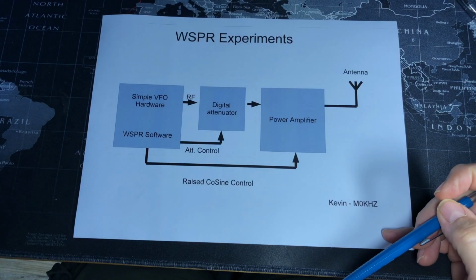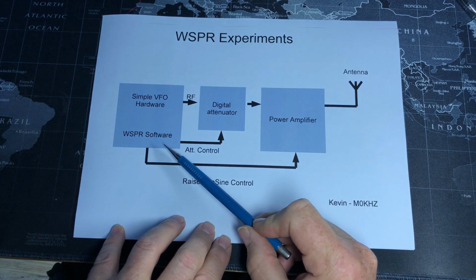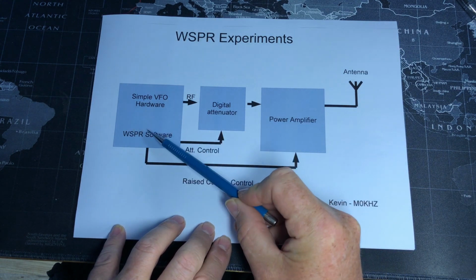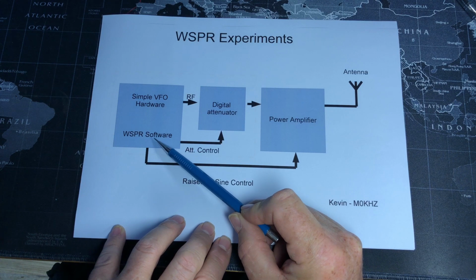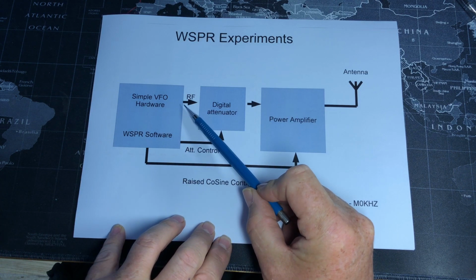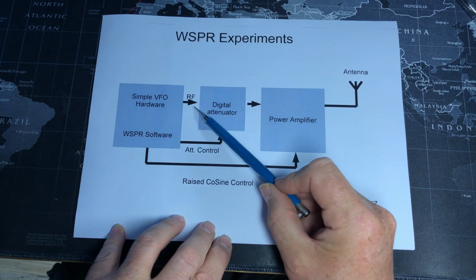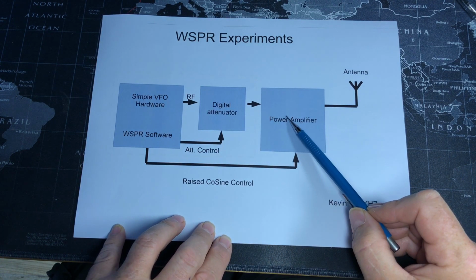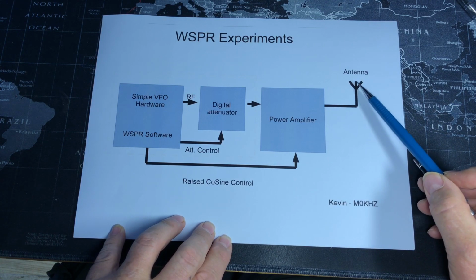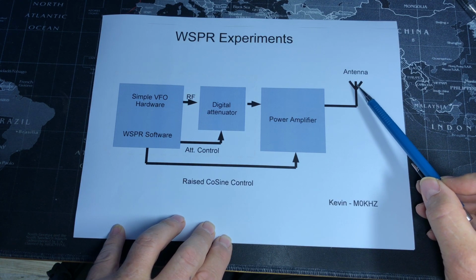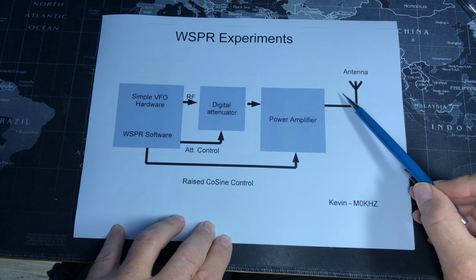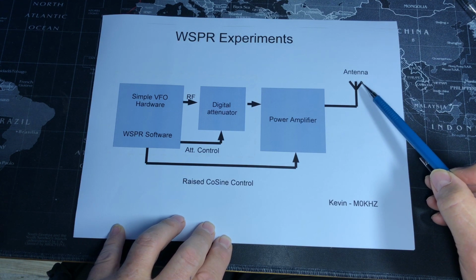So what I want to do is, using the same Simple VFO hardware and the Whisper software, feed the RF into a digital attenuator where I can vary the power into the power amplifier, and thus vary the final power into the antenna from very small power, let's say a quarter of a watt, up to say a maximum of 3 watts.